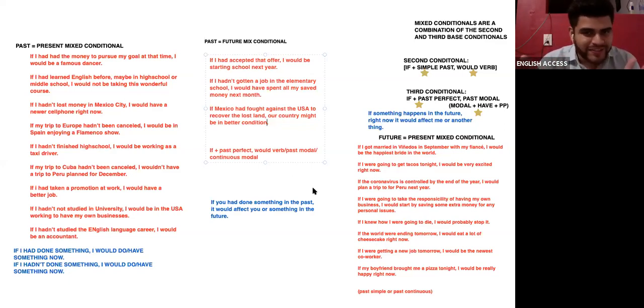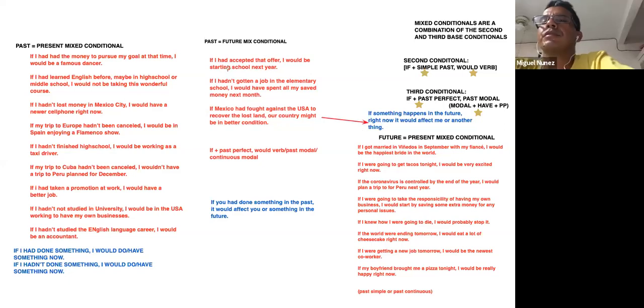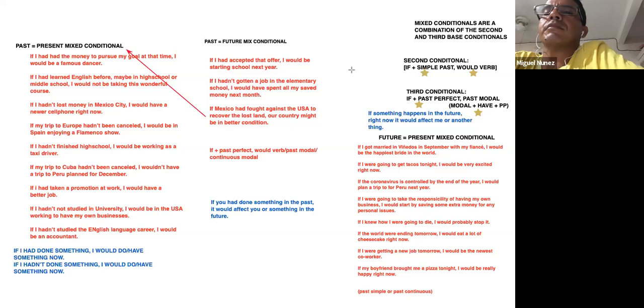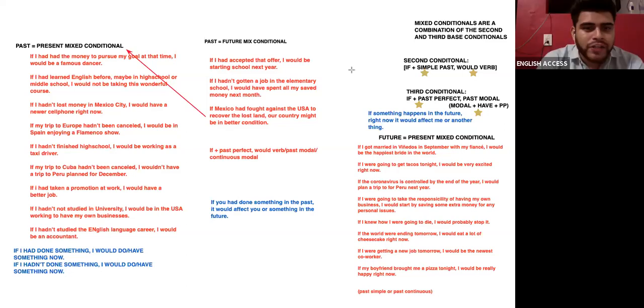This is a good sentence. But it would be here. Past, present. Because you're talking about the condition it would be in right now.